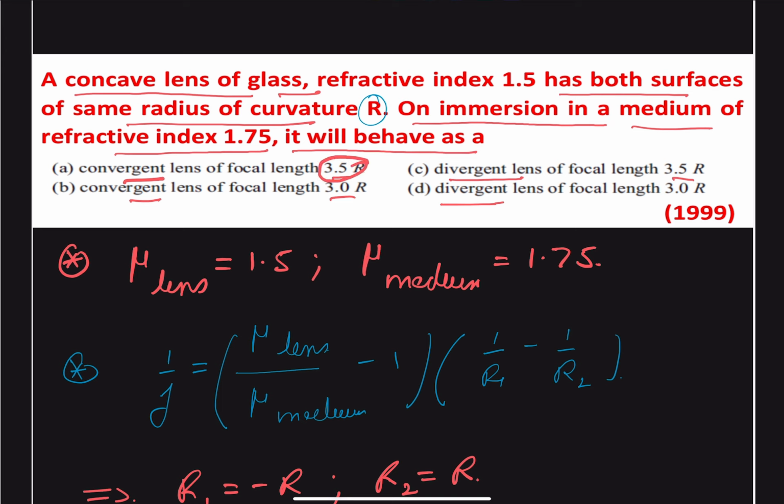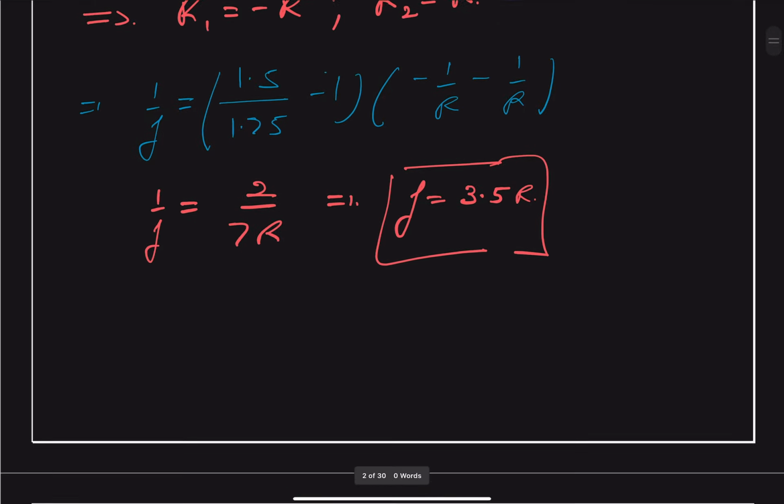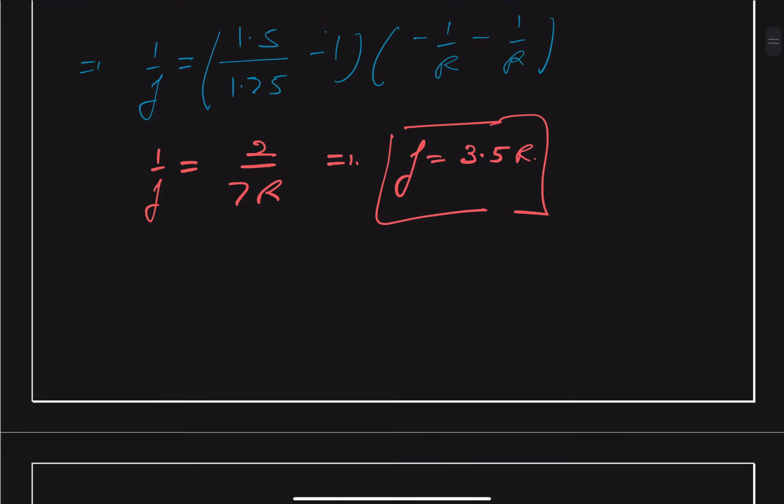So either option A or option B will be correct. Now we come to the convergent or divergent part. From here we can clearly see that our focal length f is positive. Therefore it is going to behave like a converging lens.